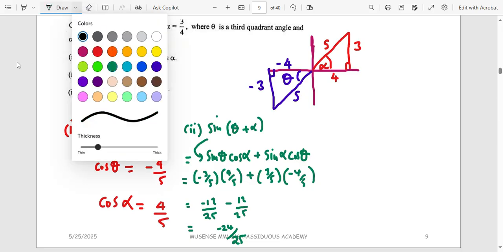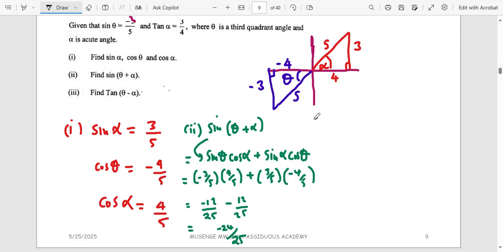And then for the last one here, we want to find tan of theta minus alpha. Again, this one is an identity. You just have to know, right? But we'll discuss the identities in the next class. But when you've got tan of theta minus alpha, it's always tan.